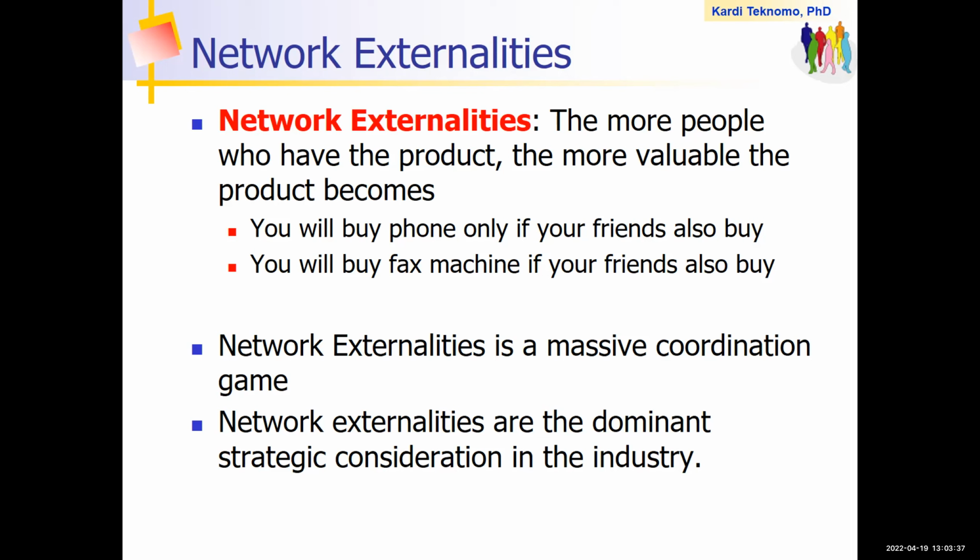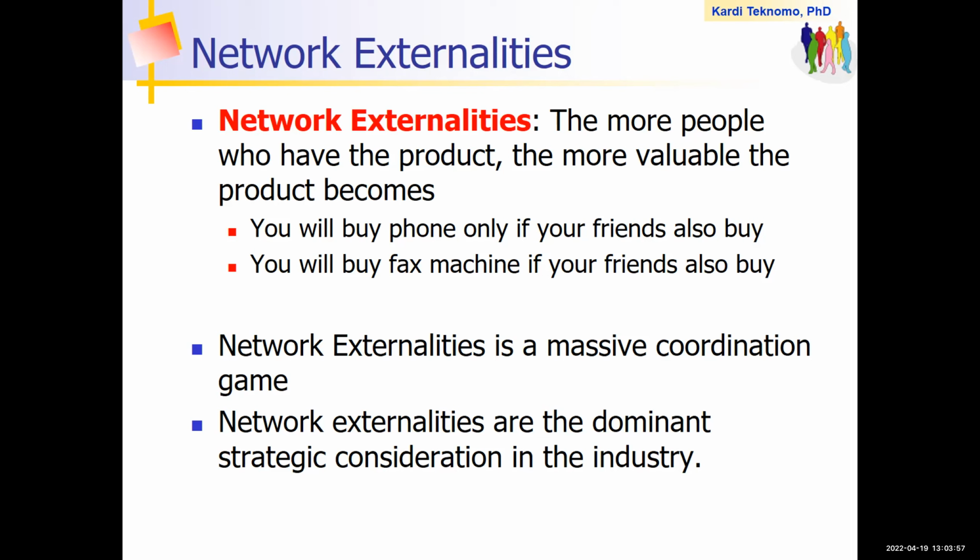One phone by itself, with nobody else using a phone, is a useless gadget. Unless someone else has a phone, then you can communicate, and then that phone is useful. The same with the fax machine. If only you have a fax machine in the world, this gadget is really useless.